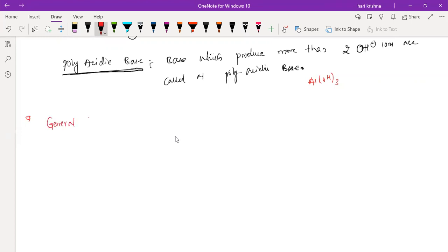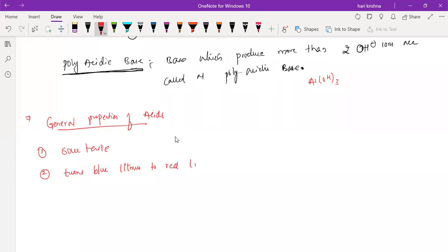General properties of acids. Now you have to tell the answer. We already studied all the properties in the definition part itself. First, based upon taste, acids have a sour taste. Next, they turn blue litmus to red.